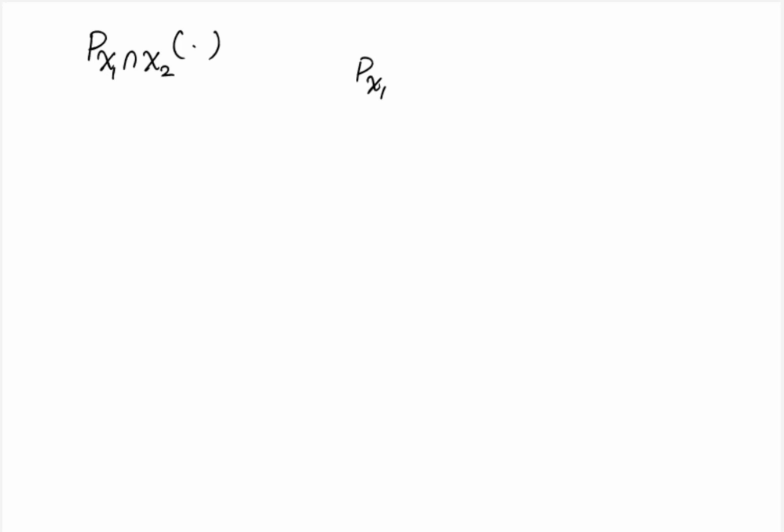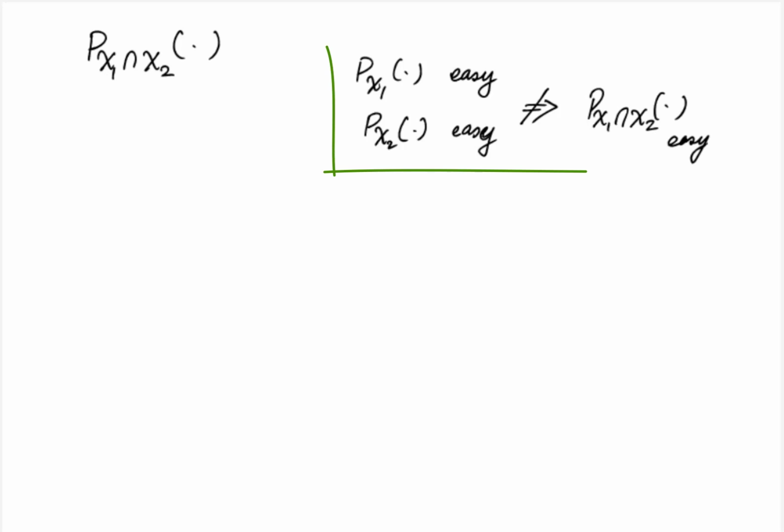Assume first that the projection on either x1 or on x2 is easy. So it turns out that despite the fact that it may not necessarily be the case that there is an efficient algorithm to project onto the intersection of x1 and x2.